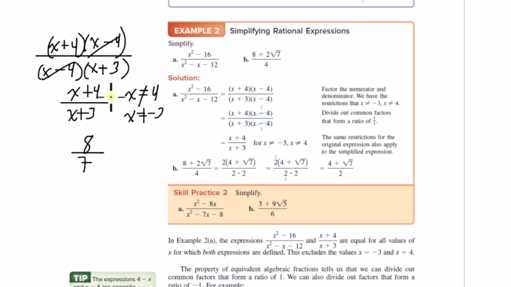No, but you have to remember where this came from, right? This is just a simplified form of this. Think about it like if you were to make some algebraic model, and you got an expression like this. There's your model, and it models something in real life. Then you say, let me go ahead and simplify this down to something easier, so I can see a simplified form of it.